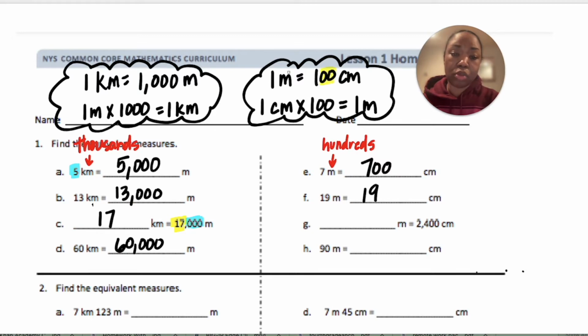So I'm adding 2 zeros to 19. This is 24 hundredths, right? Or 2,400. That's 24 meters. 90 meters would be 90 hundred, right? Centimeters, which is 9,000. All I did was add 2 zeros to that 90.